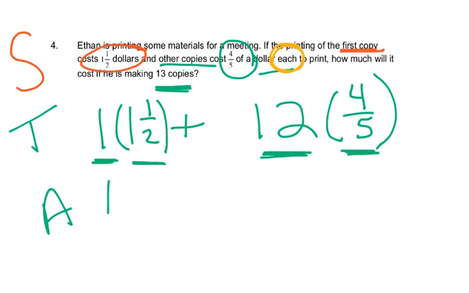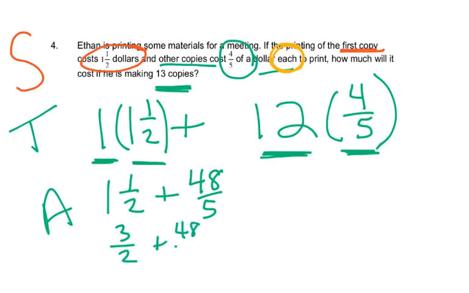So 1 times 1.5 is 1.5. 12 times 4/5 is 48/5. Then for me to do it without a calculator, I'm going to have to multiply around and change this to an improper fraction. I'm going to have to get common denominators.